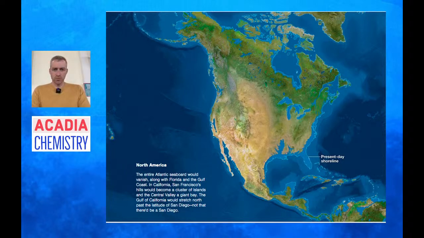I believe this translated to around a 7-meter rise in ocean levels. And this is what North America would look like. It's hard to see what's going on in Nova Scotia because we're small, but certainly if you look at Florida, Florida is very low, and almost the entirety of Florida would be underwater in this scenario.